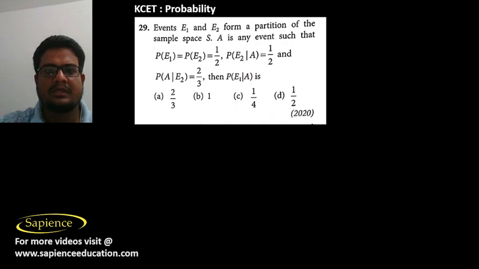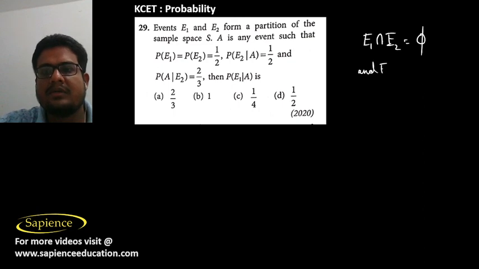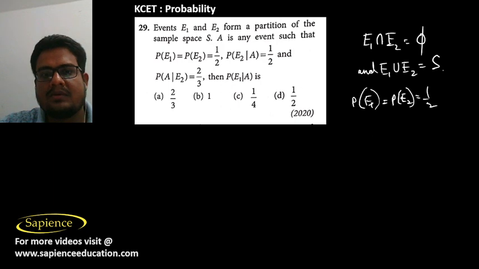Then question number 29 is told events E1 and E2 form a partition of a sample space S. It means that E1 intersection E2 is empty, and E1 union E2 is equal to S. So E1 and E2 form a partition of the sample space S, and A is any event such that P of E1 is equal to P of E2, that is equal to half, and P of E2 given A is also half.